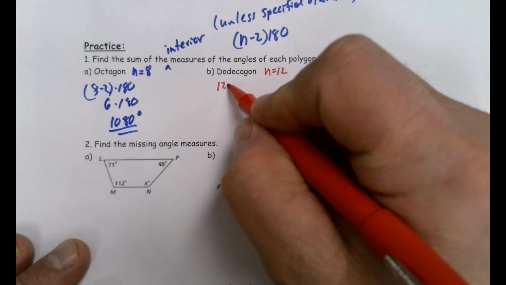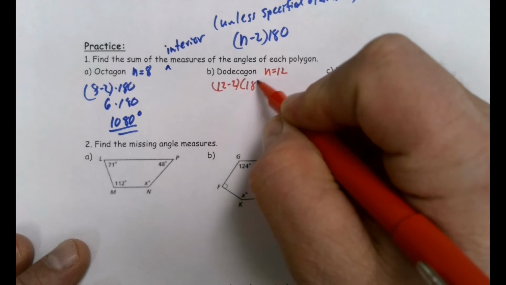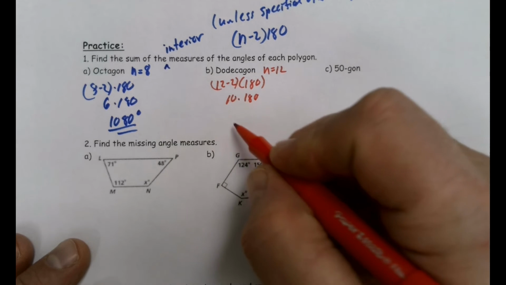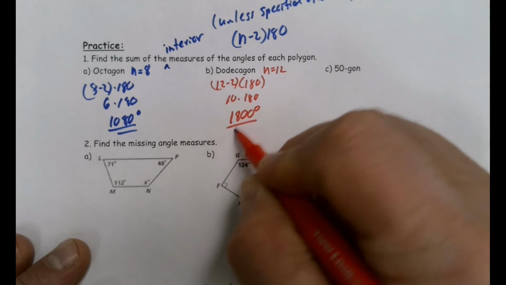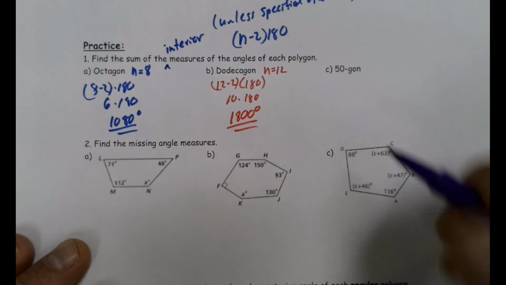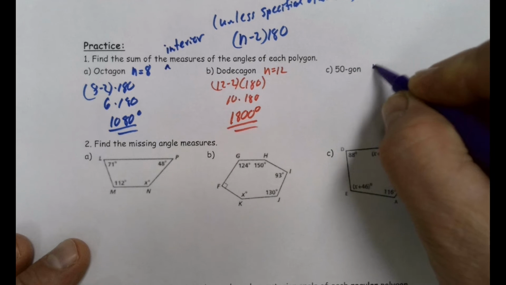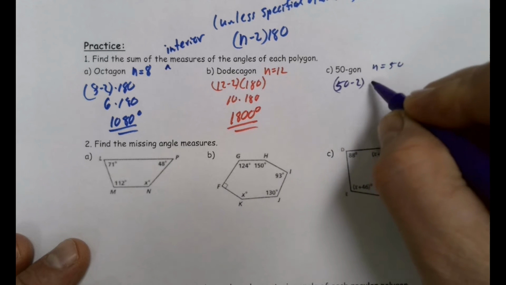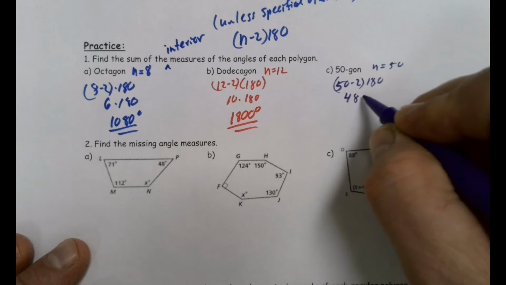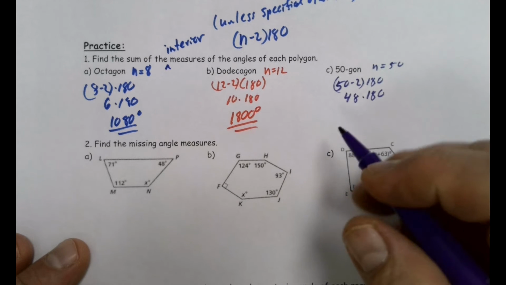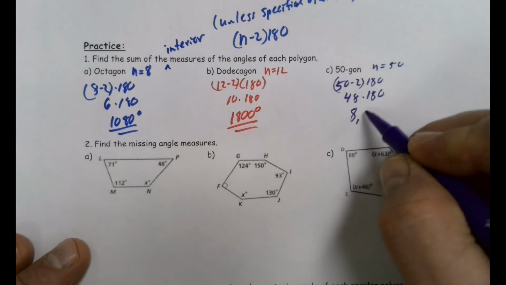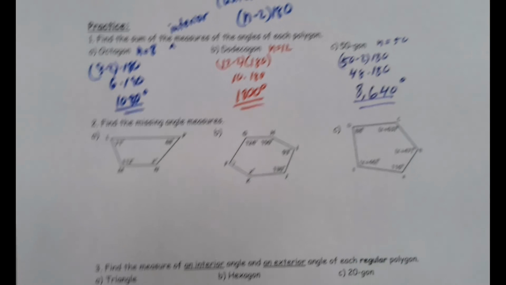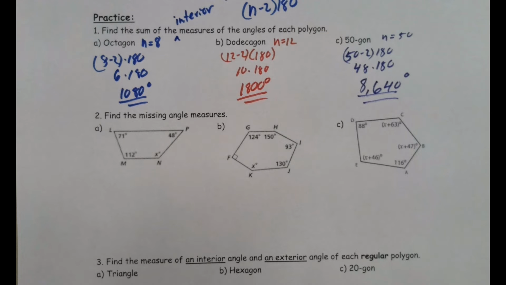So 12 minus 2 times 180, that's 10 times 180, and that gives us 1,800 degrees. 50-gon, obviously n equals 50, so we would do 50 minus 2 times 180, or 48 times 180. And 48 times 180 is 8,640 degrees.